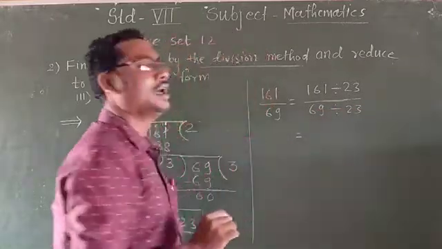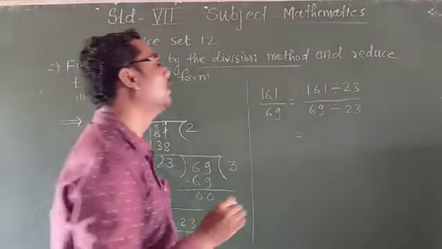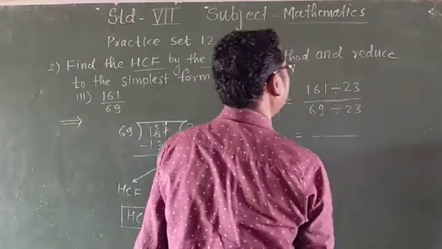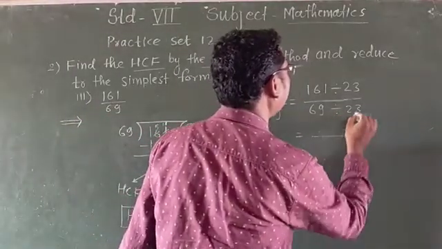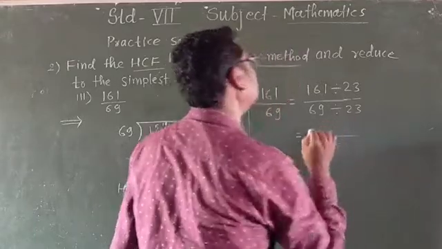तर 69 ला 23 ने भाग द्यायचा आहे आपल्याला. भाग दिल्यानंतर काय येईल बघा, 69 ला 23 ने 3 जा 69.